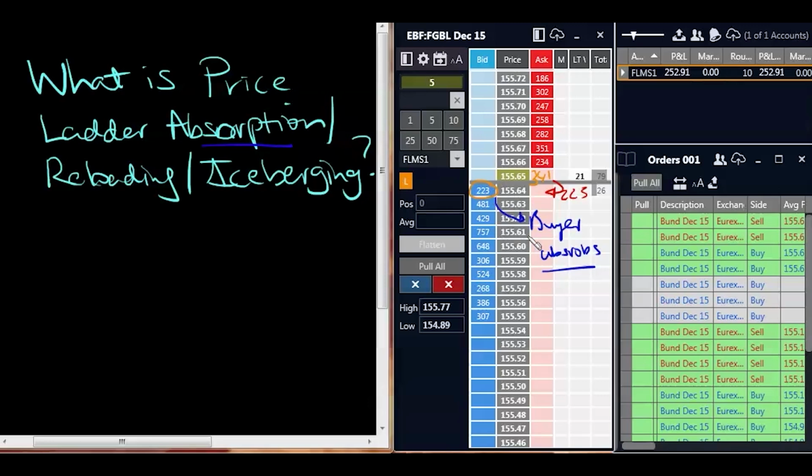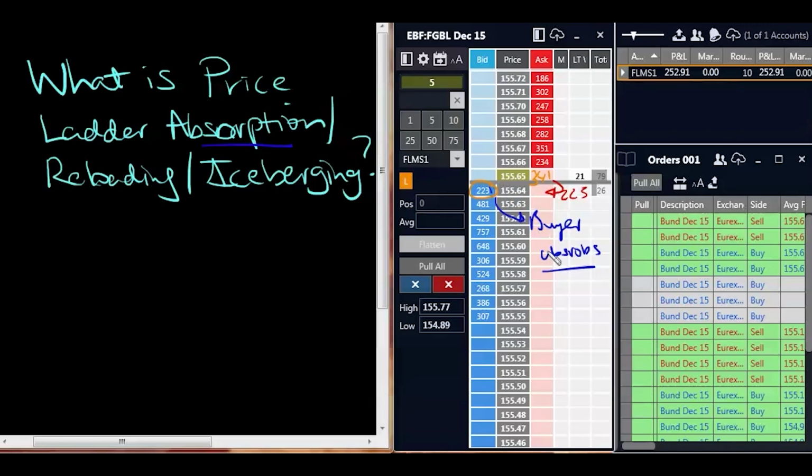Usually you wouldn't really take notice of a 223 contract absorption because it's just not that much. It's typically what you see on your average bid and offers anyway. But let's say there was 2,231, so there's 2,000 contracts on the bid, and someone sells the lot at 64s.